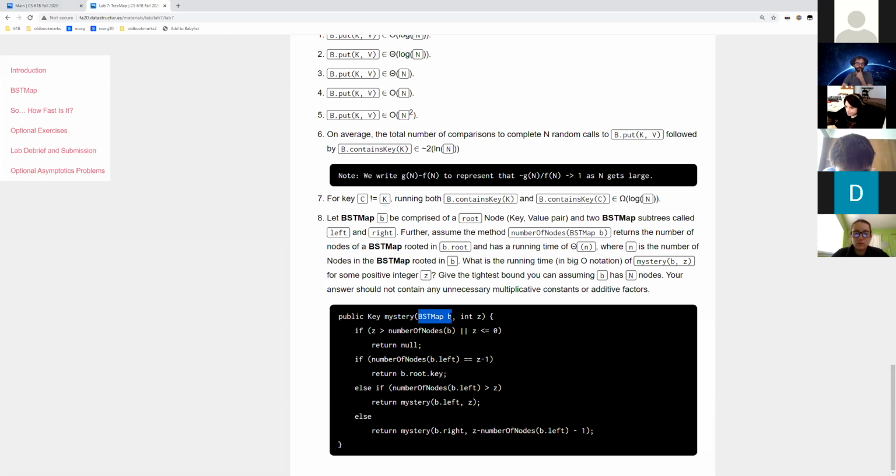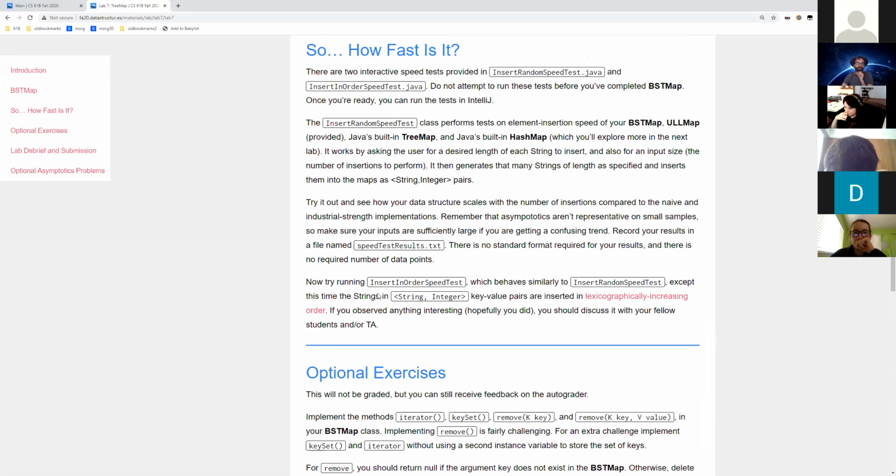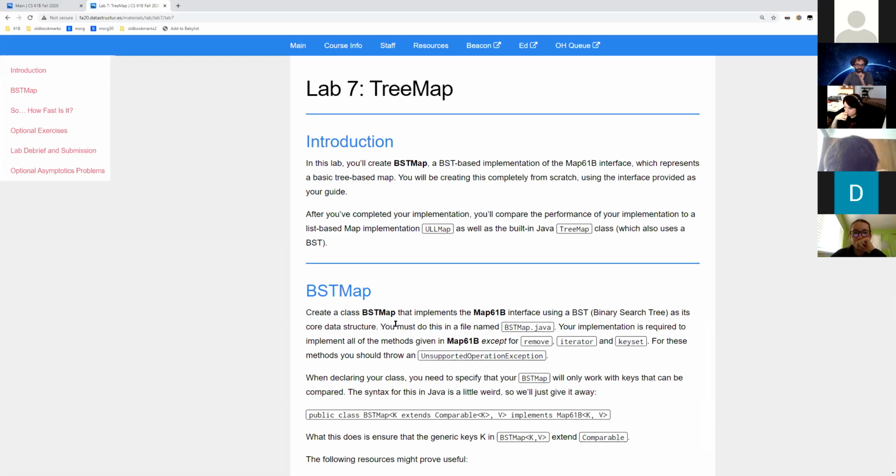Yeah, it's a naked recursive tree. So we're passing raw nodes. BST map. Yeah, the BST map you created is not naked recursive like this. B dot left. It's a weird question.